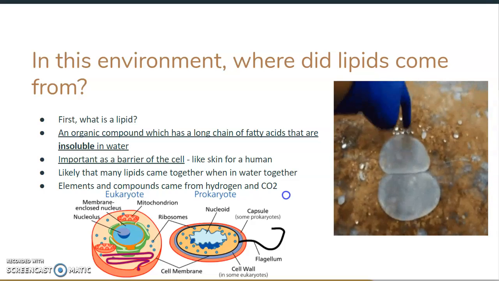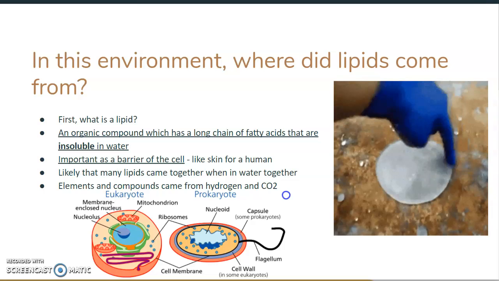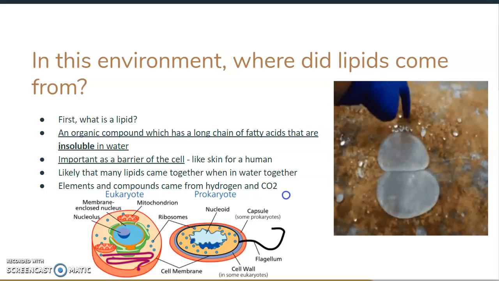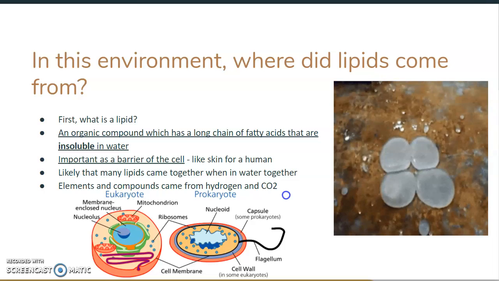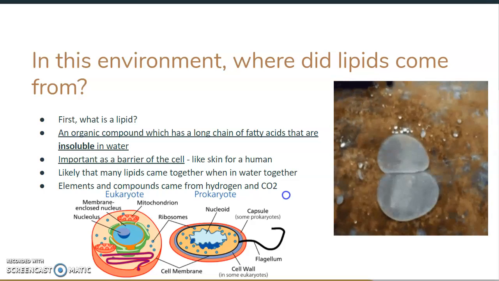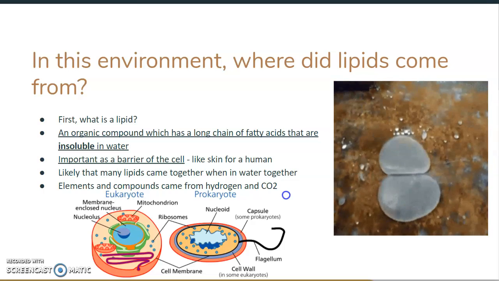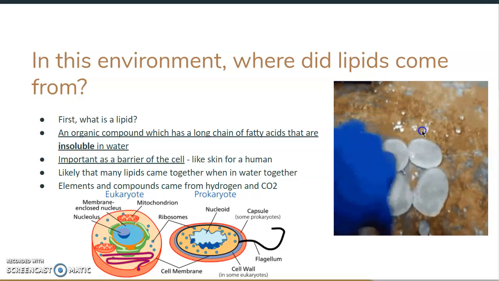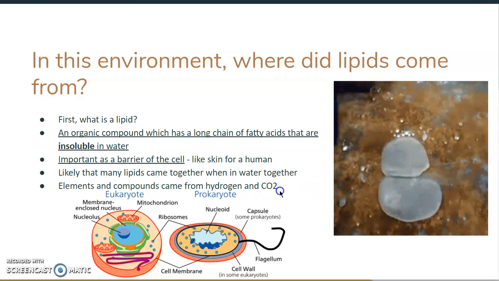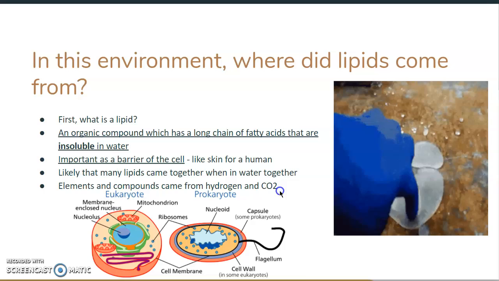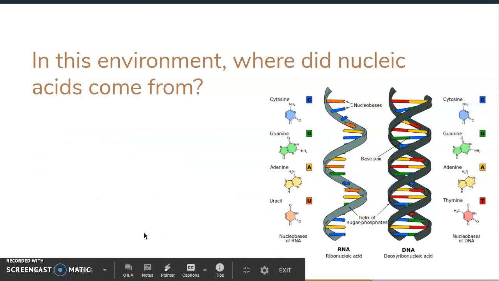So there are places in the ocean where the crust is cracked and it goes straight from the mantle into the ocean. And that is incredibly hot, and so it is thought that around those vents hydrogen and carbon dioxide were able to be broken down to create lipids. Awesome. So we understand where lipids came from.